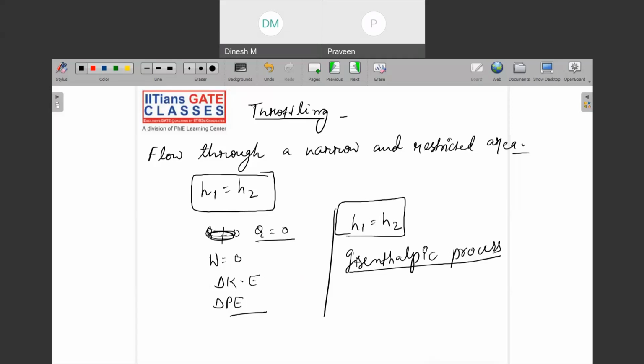And a very important characteristic of throttling is that if you are throttling some wet substance or some liquid, the pressure will always decrease after throttling.